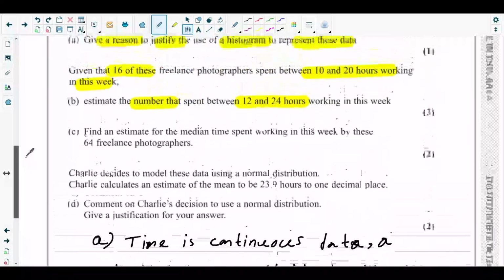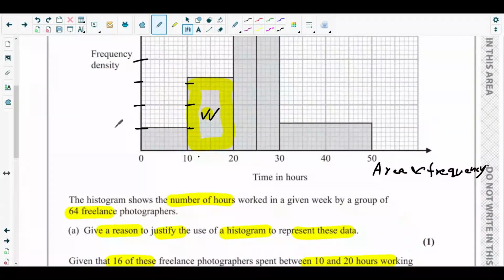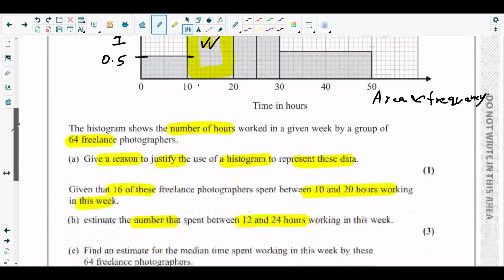That means along the y-axis, one square is 0.5, this is 1, this is 1.5, this is 2, and so on.